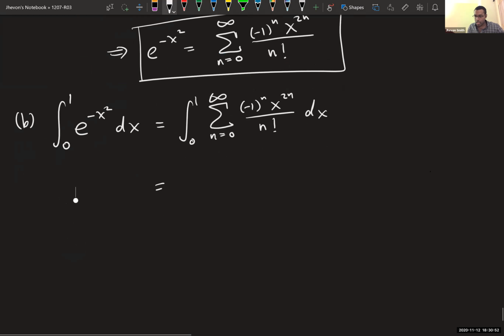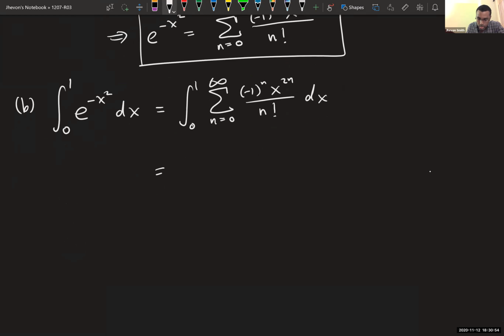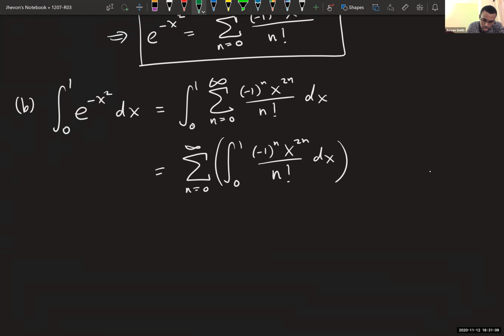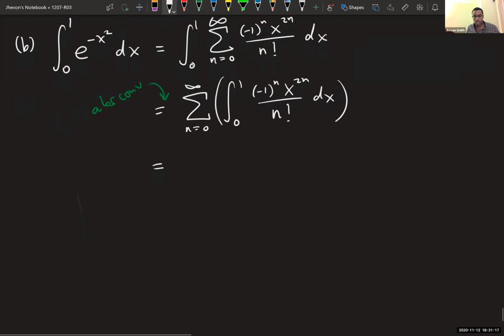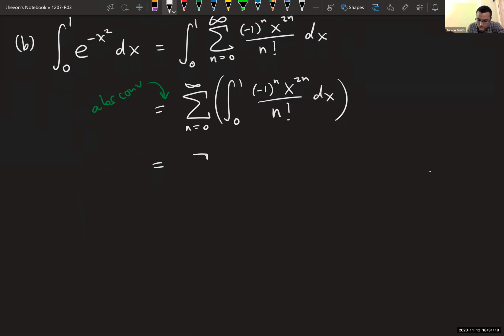And that's the same as if I were to switch the series and the integral, because of absolute convergence. In fact, I have absolute convergence for all x values here. And that is just integrating using the power rule.